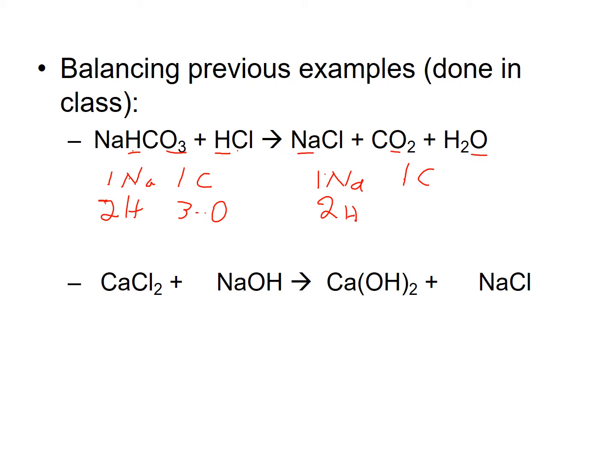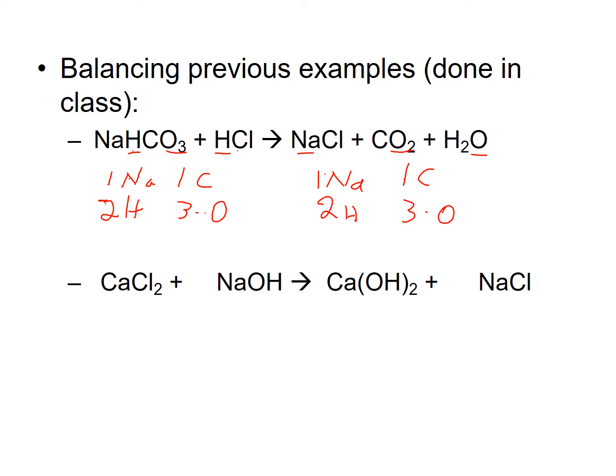The water molecule has 1, the CO2 molecule has 2, so there are 3 oxygen atoms on this side. And so this is balanced as it's written. If I don't write coefficients in front of a formula, 1 is implied. Let's look at the next one.